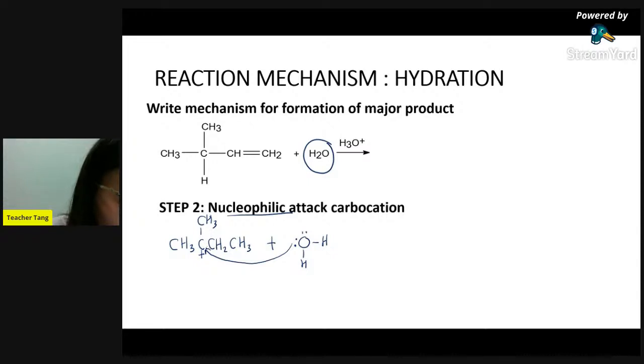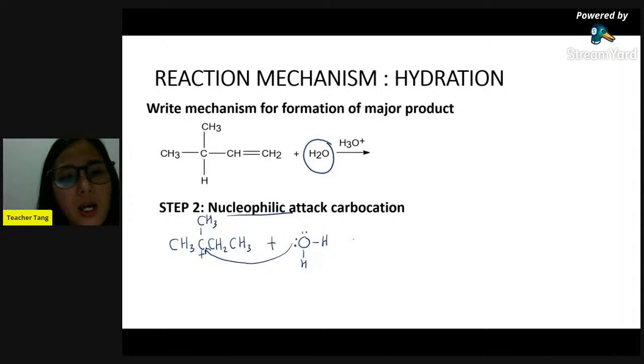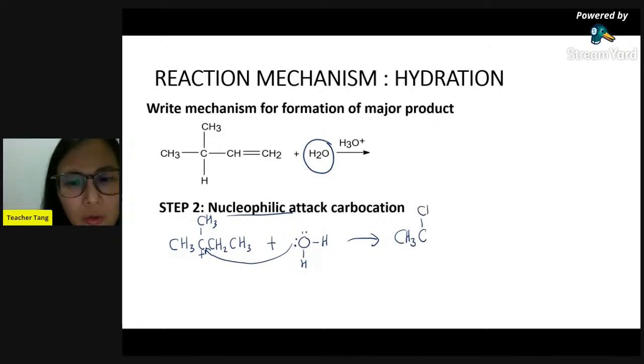Okay. Two-headed arrow. Okay. So what we get is CH3, CH3, CH2, CH3. So 2 electrons forming one bond, so we still have 1 lone pair and 2 hydrogen.